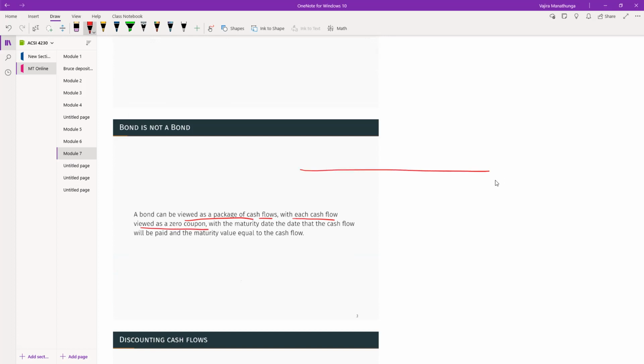So let's say you have an n-year coupon bond. Then you can break it down into zero coupon bonds: the first is a 1-year zero coupon bond, then the 2-year zero coupon bond, and so forth.